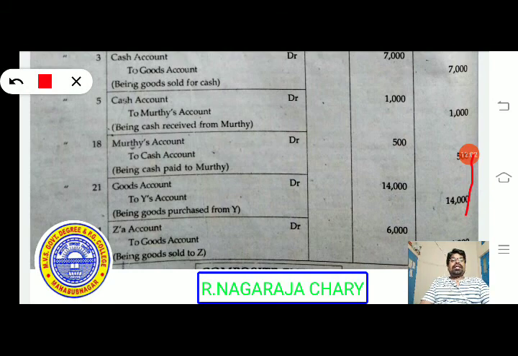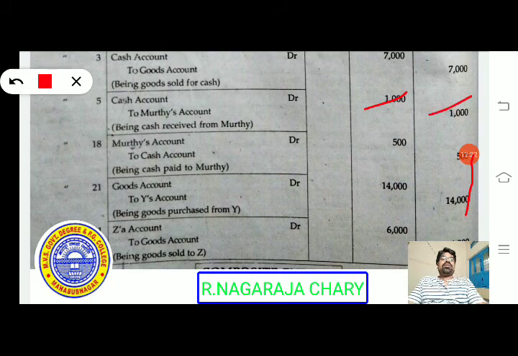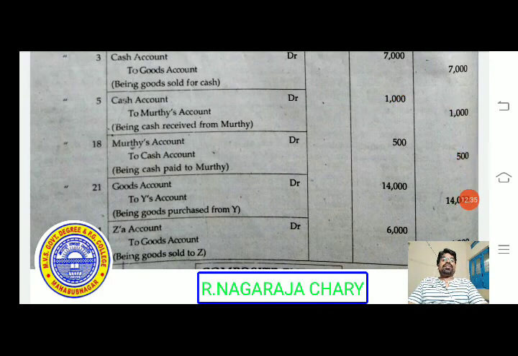So, cash is to be debited, that is 1000 rupees. Murthy is the person, is he giving or receiving? Debit the receiver, credit the giver. So, the person Murthy is to be credited, 1000 rupees, in the books of Prabhu. For that the narration is being cash received from Murthy.